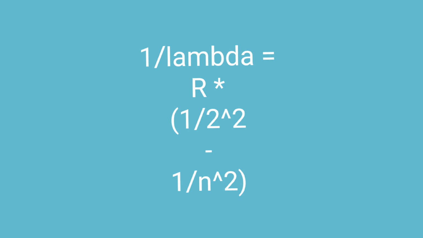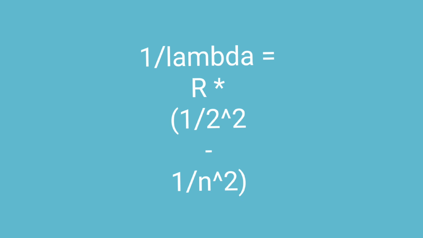This equation shows 1 by lambda is equal to R into 1 by 2 squared minus 1 by n squared, where lambda is the wavelength, R is a constant called the Rydberg constant, and n may have integral values 3, 4, 5, etc.